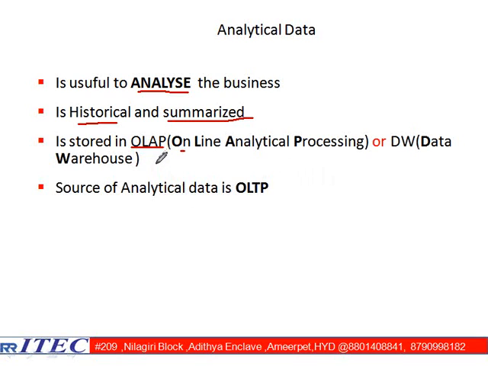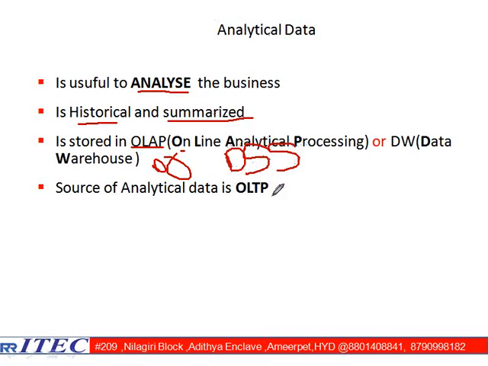It is analyzing, and from that analysis you are taking decisions. Yes or no, sir? The data available is useful to take decisions. That is the reason it is also known as DSS, which stands for Decision Support System.